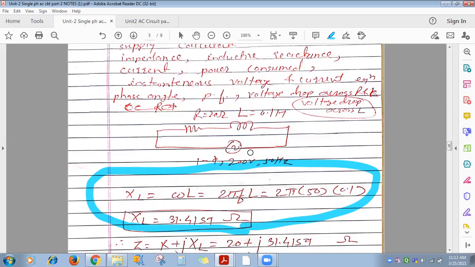Otherwise, in the second, third and fourth units, you only put values in formulas, in mostly all types of numericals. So it is easy to score in this subject. Listen to all lectures carefully, and refer to and study the material I passed on to you. You will definitely score in this subject.